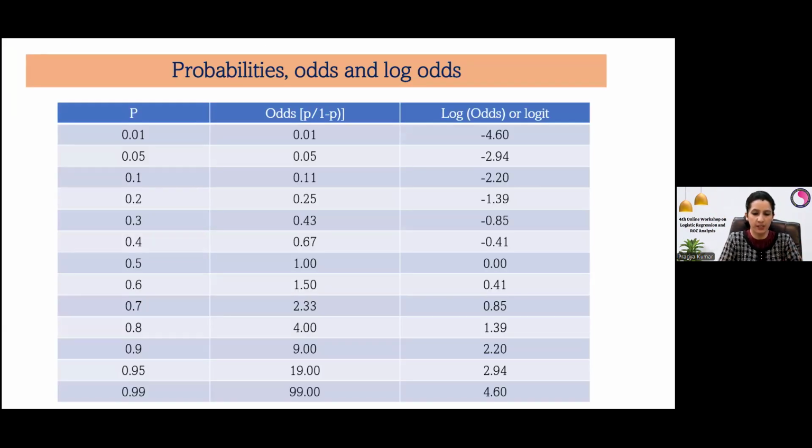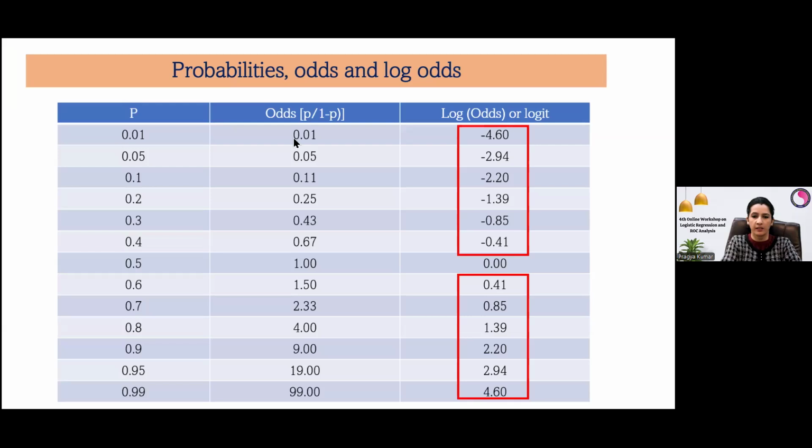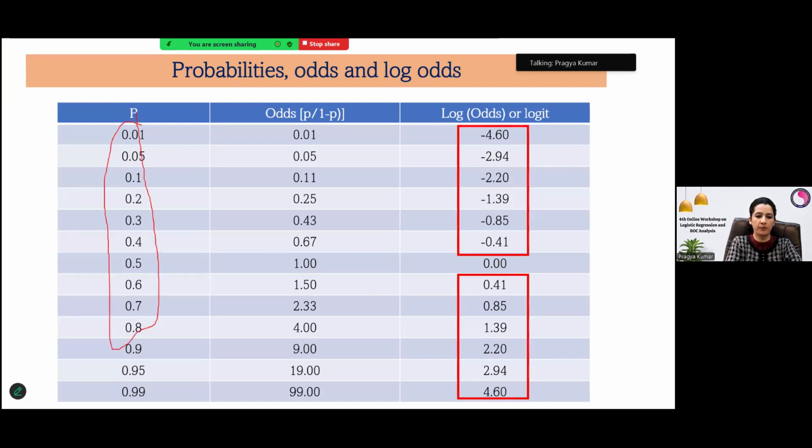If you see this, this is the logit. If you see the probability, this is the first one. We have converted this probability into odds by using the formula P by 1 minus P. You don't have to do any of these actions. The software does everything. But you should understand what is happening in the background. That's why we are giving this example. So from this probability, we have calculated these odds.